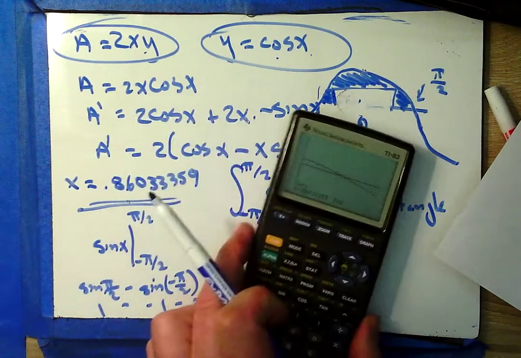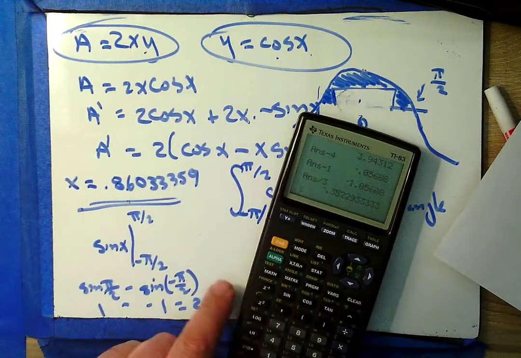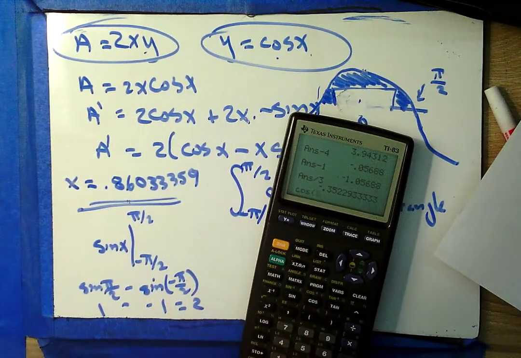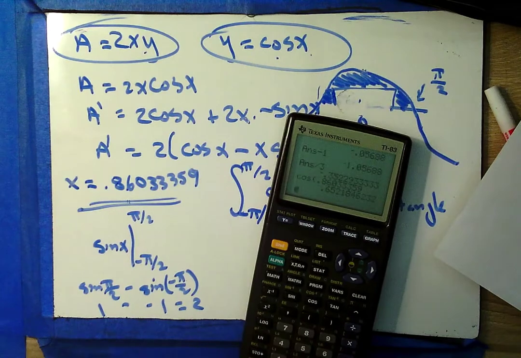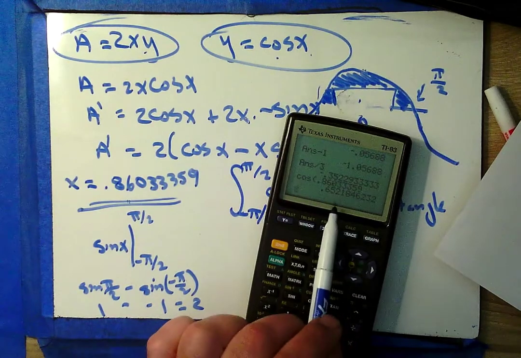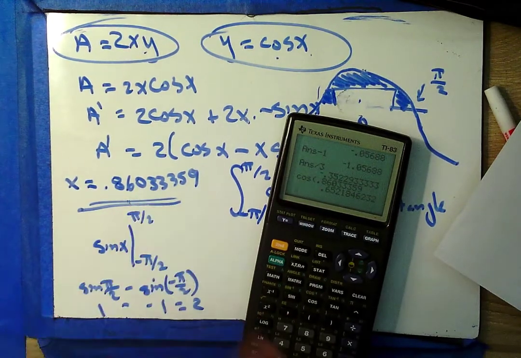So cosine of 0.8603339, and I get this number. So there's my y, here's my x, times 2 times 0.8603339 times 2.